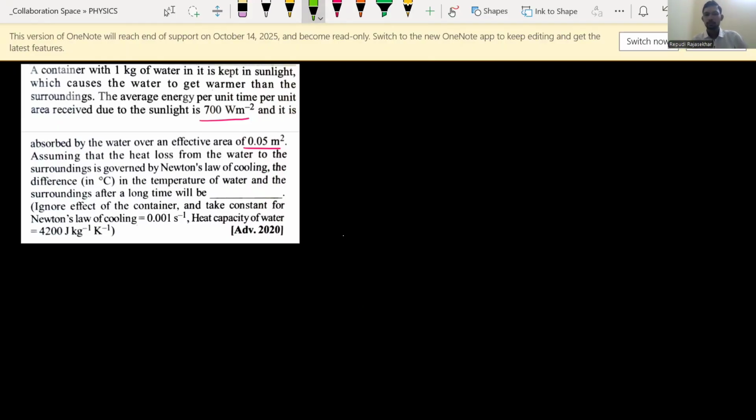Two methods are there for getting that constant. As they said, the constant is mentioned here. To get this constant, use Newton's law of cooling. This is one method. And you can use directly this equation also, that is dq equals mc dt. But this relates with the constant. Let us take this constant as k.